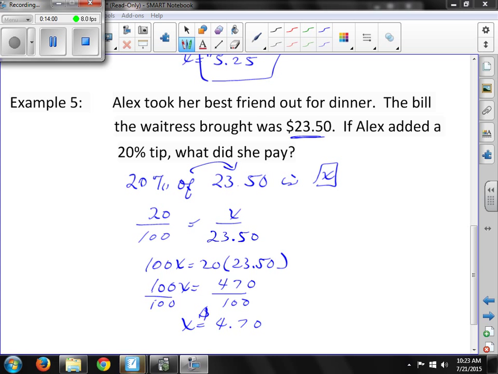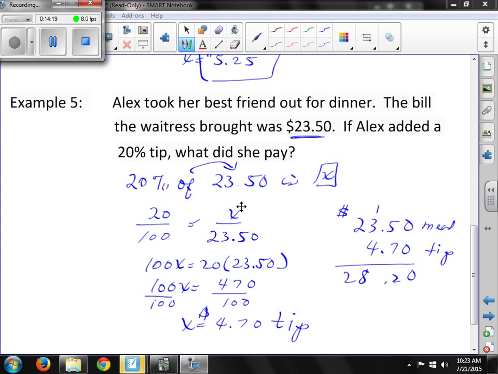So the $4.70 is the tip. So we know the cost of the meal was $23.50. That was the meal, plus the tip, which is $4.70, would be $28.20. That would be what she would leave.